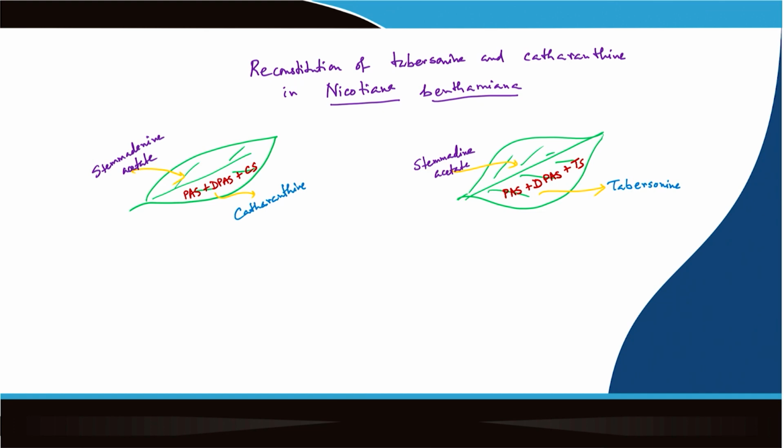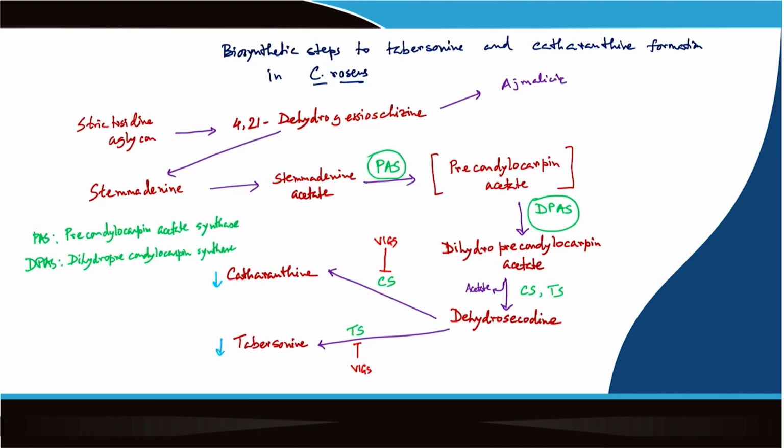So, in tobacco, this pathway is not operative. So, therefore, they have tailored these three genes together, stitched together and put it in the Nicotiana benthamiana plant, and then they have injected in the leaf stemadenine acetate, and as I have shown in the previous slide, that stemadenine acetate will be taken up by the PAS and it forms the precondylocarpine acetate.